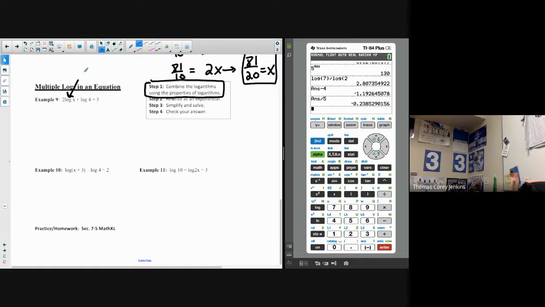So this is equivalent to log of x squared. And then your rule for when you add logarithms is you multiply the arguments. So this is going to be equivalent to log of x squared times 4, or 4x squared.